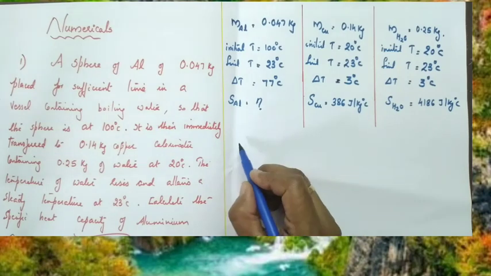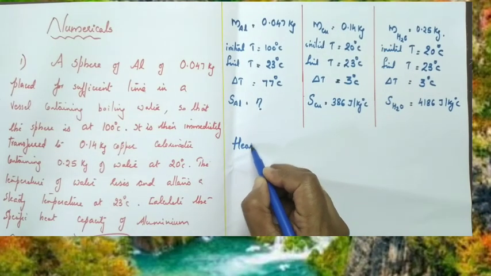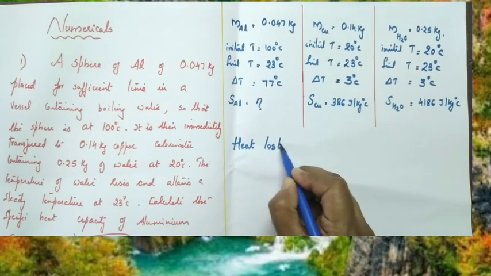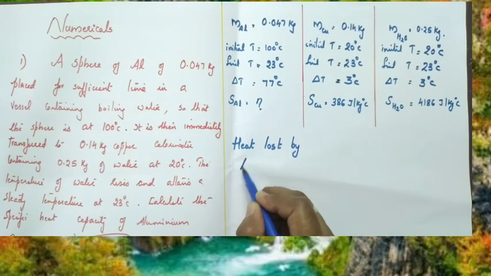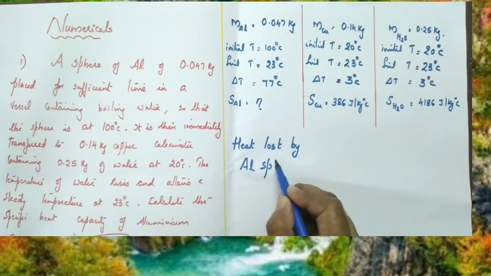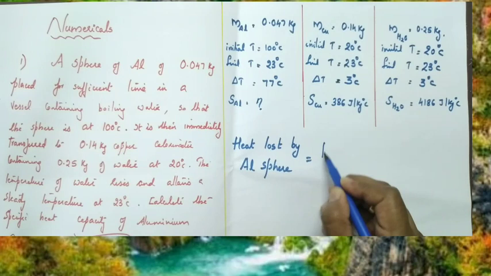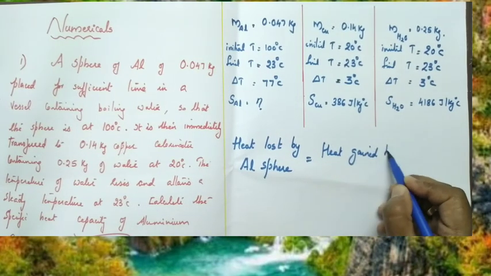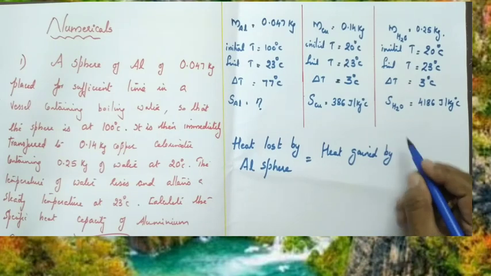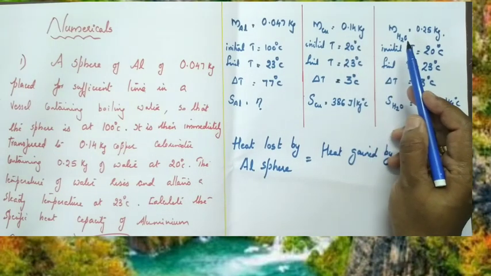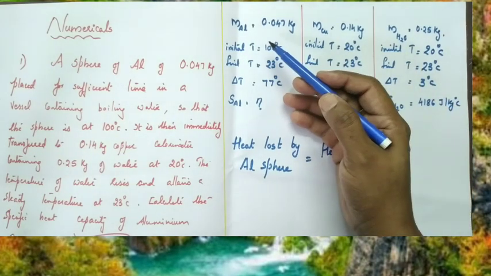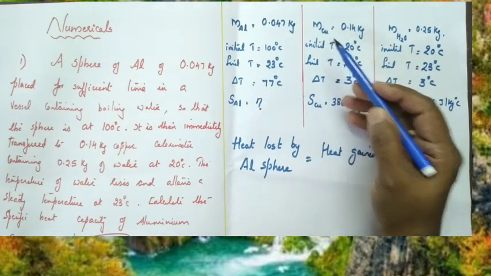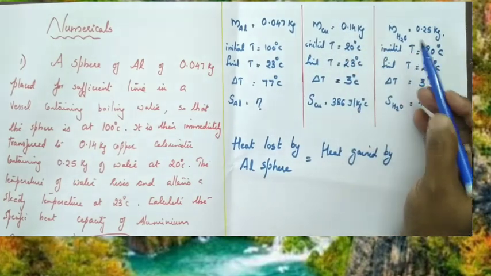And we know that heat lost by the hot body is equal to heat gained. Here heat lost by the aluminium sphere is equal to heat gained by, what are the materials that gain heat? Heat gained by copper as well as water. When this quantity of heat is absorbed, copper gets heated, similarly water also gets heated.